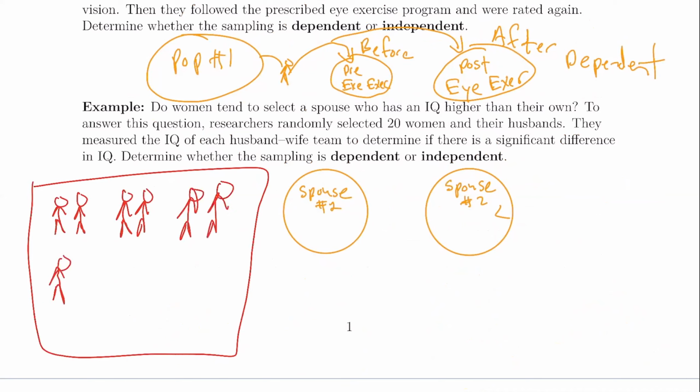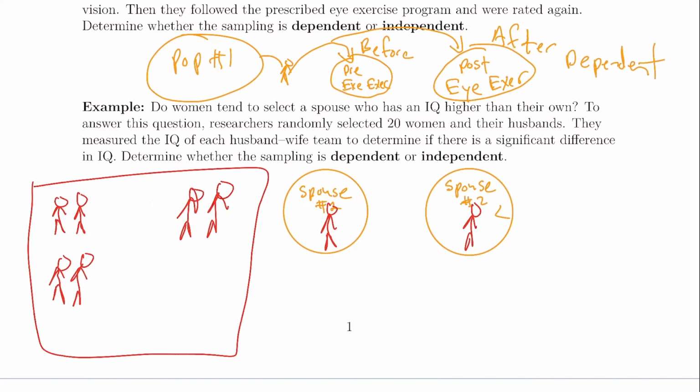We have to do that with the spouses. Because what you want to do is get a population of all people who are married. Once you get that population, you want to randomly select a couple. But once you randomly select that couple, one of them goes into this group, and the other one goes into that group.